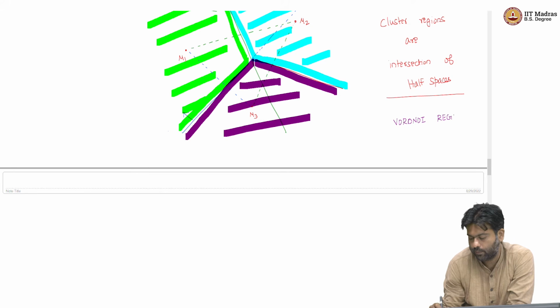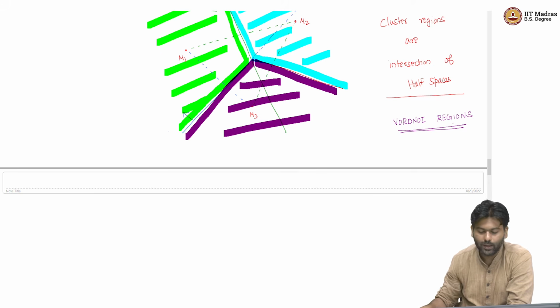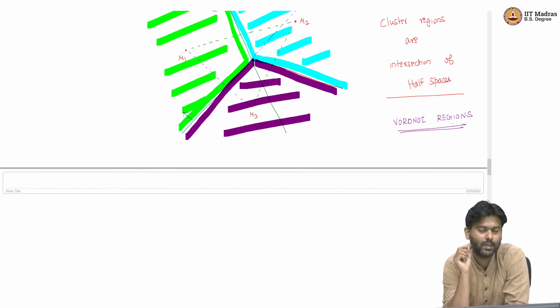Voronoi regions. Right. So basically, what that then tells us is that if you run Lloyd's algorithm, then the clusters can be imagined as if they are falling in different Voronoi regions.